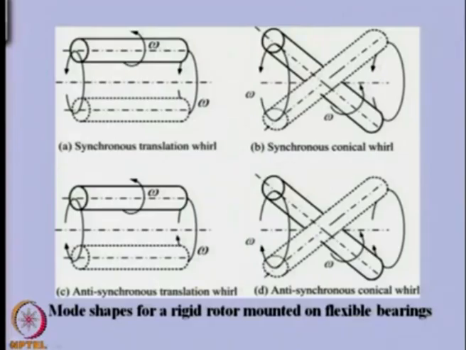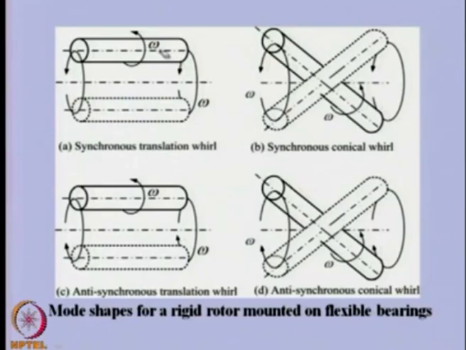Here, in the first picture, we have a translatory whirl. The rotor is spinning, let us say, in the counterclockwise direction, and is whirling in an ellipse. The direction of whirling is also shown as counterclockwise. That means I have shown both the whirling direction and the spin direction the same, but not necessarily they will be the same.